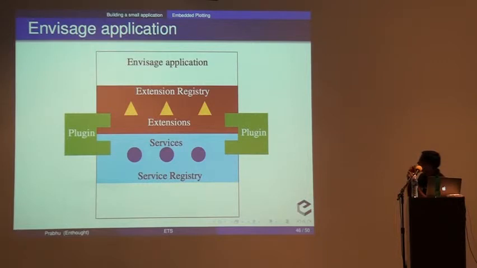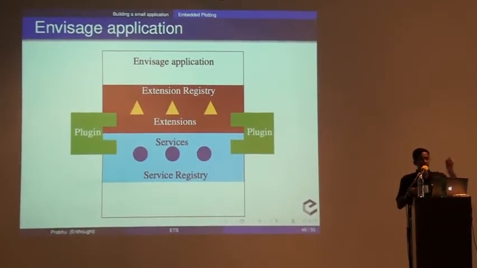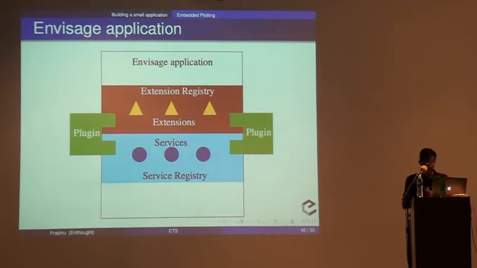The extension registry is, in this case, basically a set of strings. Messages will be an extension point, and it will be a list of various extensions that people can contribute. Other plugins will contribute either extensions to various plugins, or they'll offer services, which are objects that are constructed. So you can compose an application where each plugin offers a set of services and extension points. Together you can build up a fairly sophisticated application.